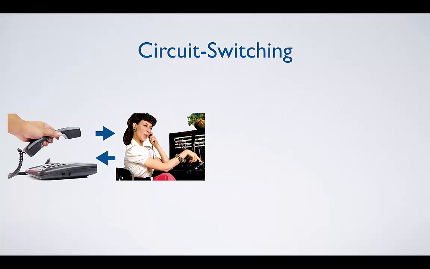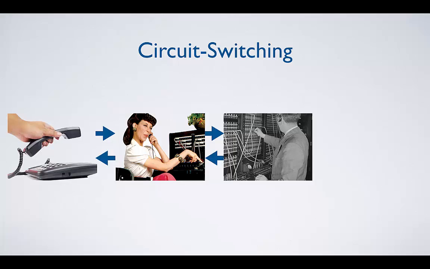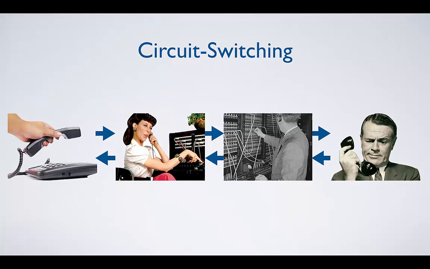If the person you wanted to talk to was in another area, the switchboard operator would then have to contact another switchboard operator that got you closer to the person you wanted to talk to. This might have to happen a couple of times before your call eventually went through, but once it did, the resulting path that was created, the wires and the patch panel connectors that made up the circuit, was fixed.